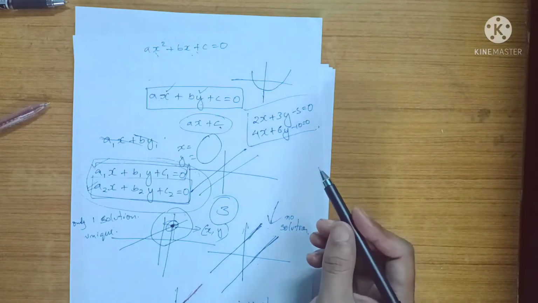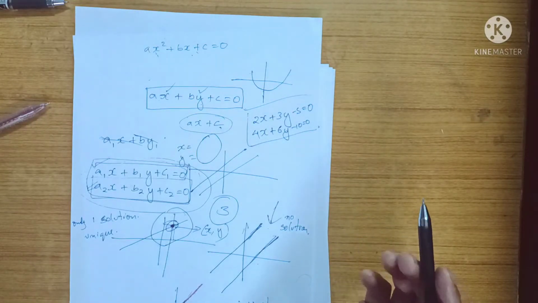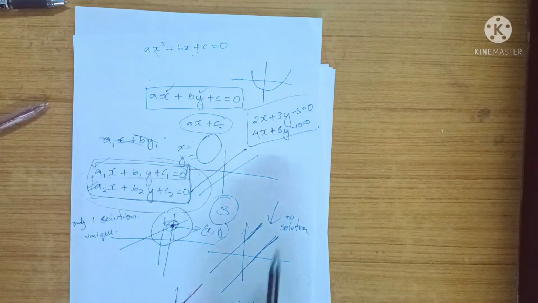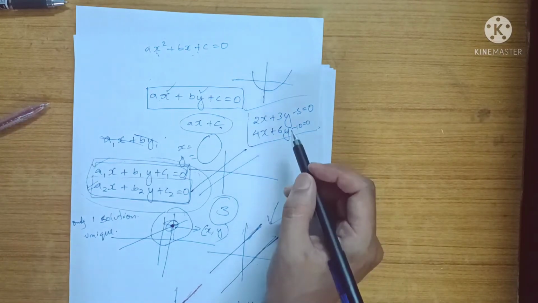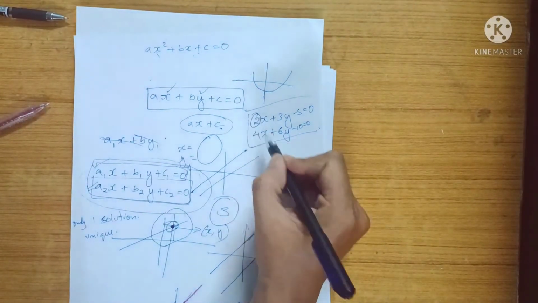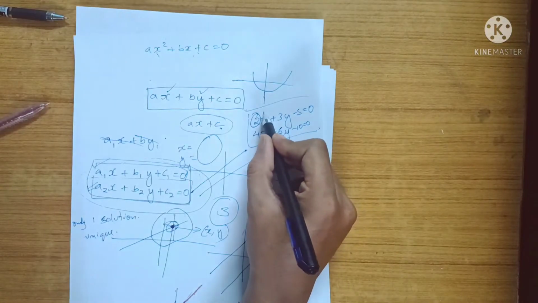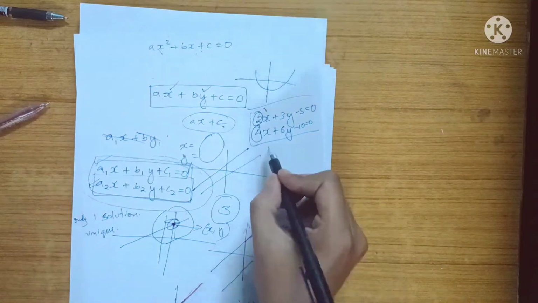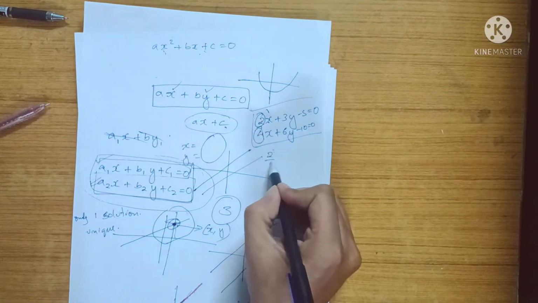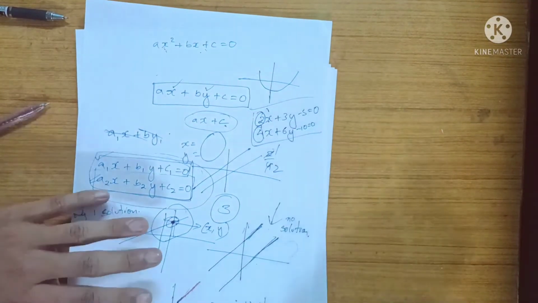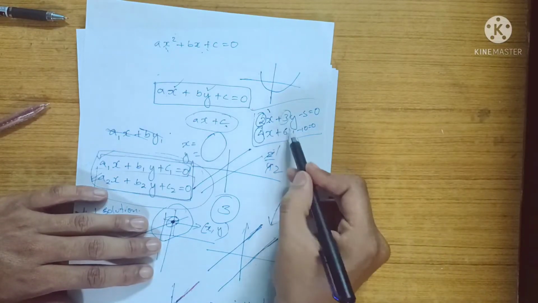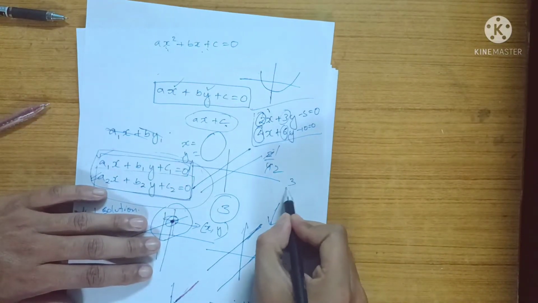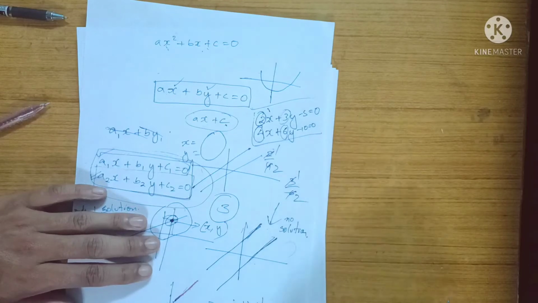So the shortcut method to know if they're intersecting or overlapping or no solution or parallel is to take the value of the number attached to x, which is 2 and 4, divided, 2 by 4, we're getting 1 by 2. Then take the numbers attached to y, divided, we're getting 1 by 2 again.